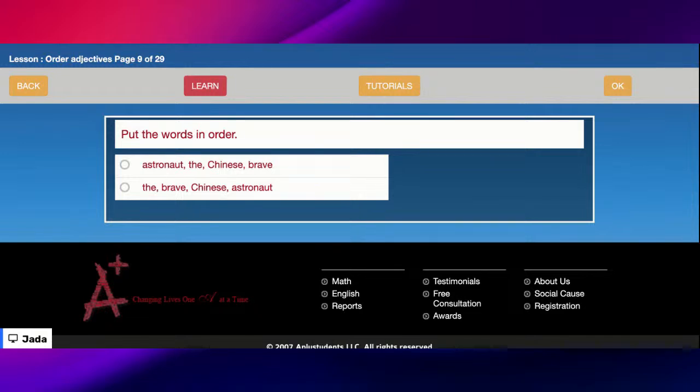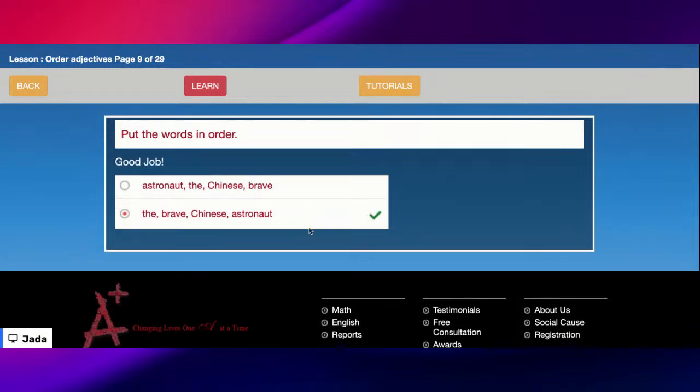Astronaut, the, Chinese, brave. What's this one? Next one. Okay, two. All right. Okay.